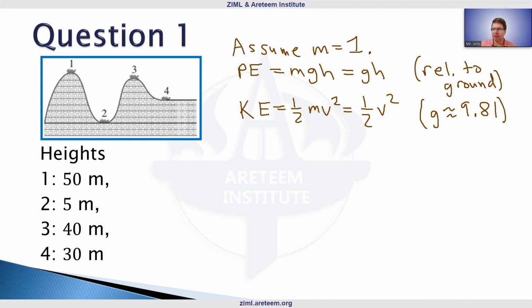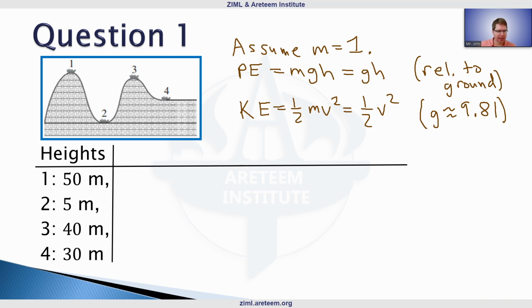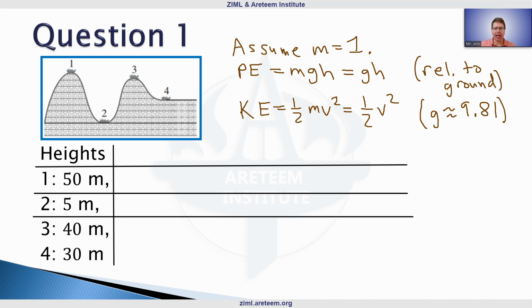So let's make a chart here, and we'll talk about that energy doesn't change bit in just a moment. We have our different heights in this scenario, and let's start thinking about the different quantities we want to look at. So we have the heights.